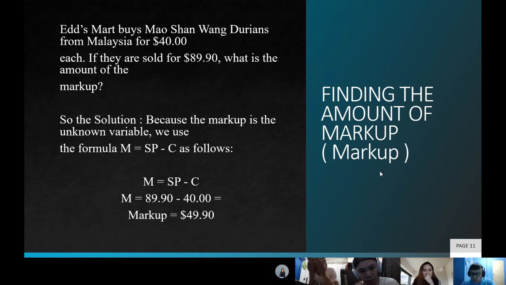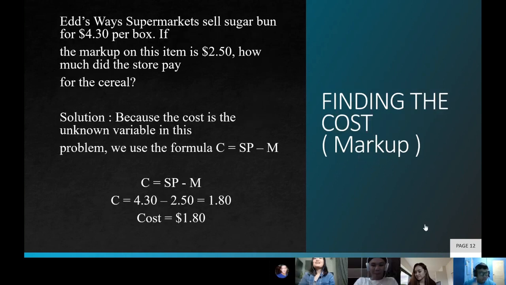The solution: because the markup is the unknown variable, we use the formula M equals SP minus C. M is $89.90 minus $40. The markup is $49.90.